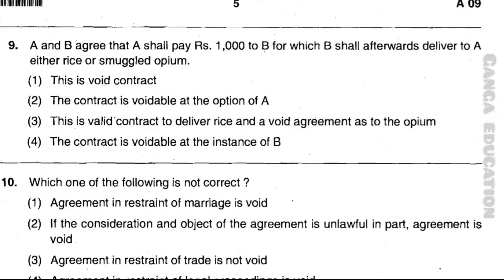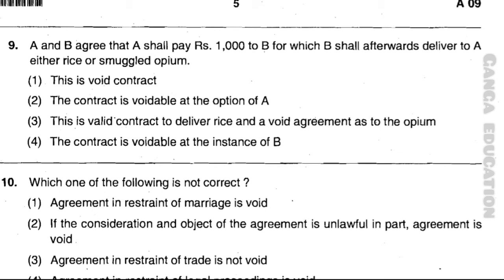Question number 9, A and B agree that A shall pay rupees 1000 to B, for which B shall afterward deliver to A either rice or smuggled opium. Option number 1, this is void contract. Option number 2, the contract is voidable at the option of A. Option number 3, this is valid contract to deliver rice and a void agreement as to the opium.